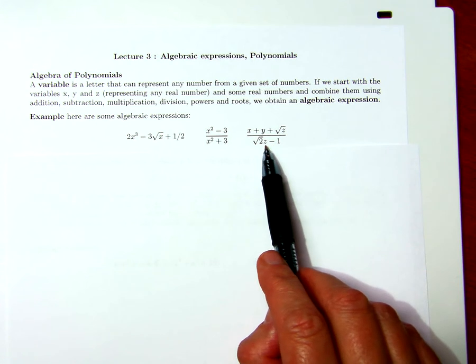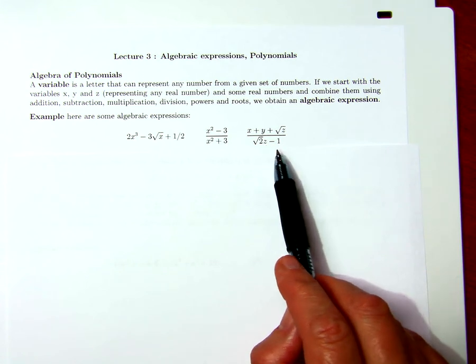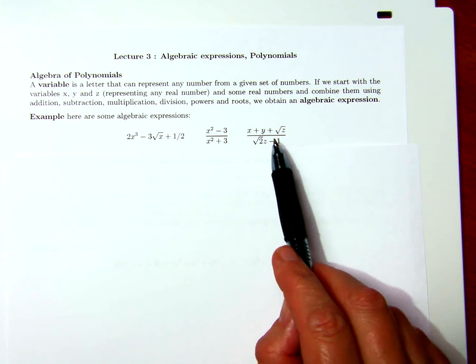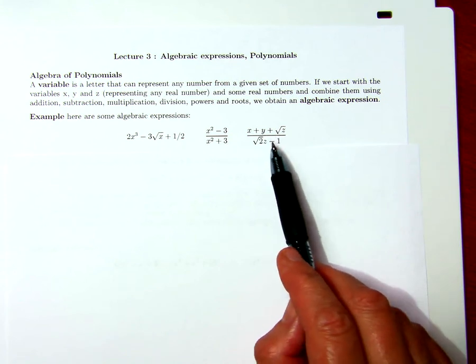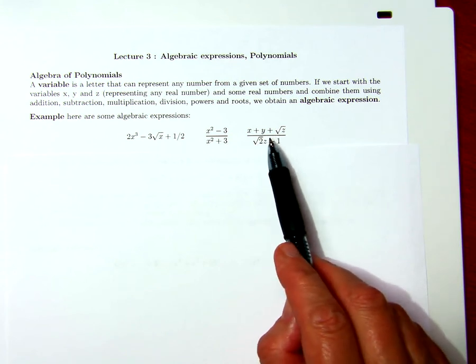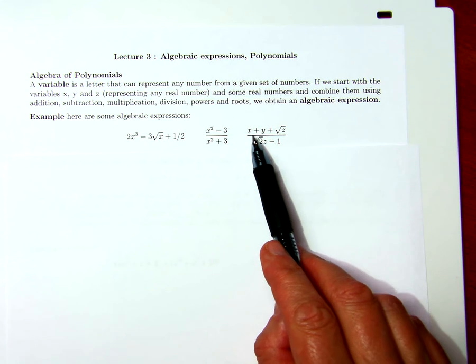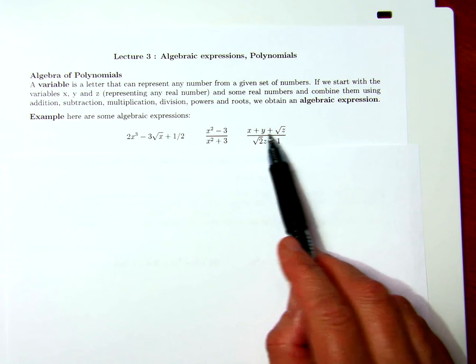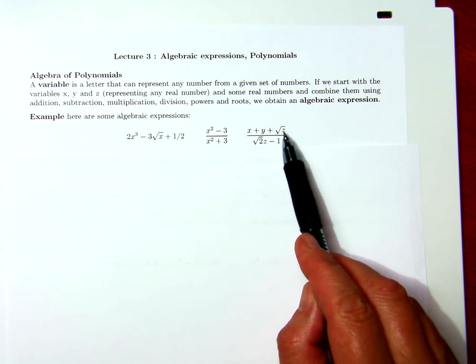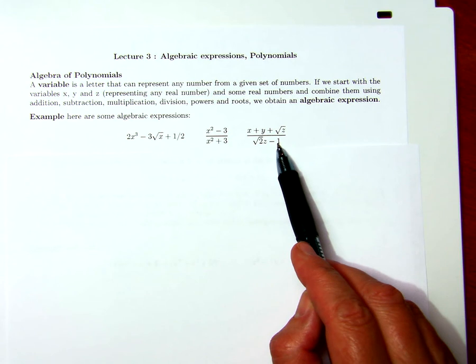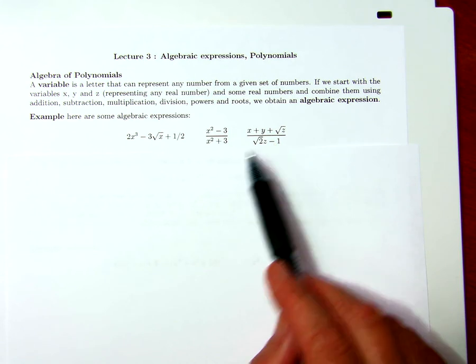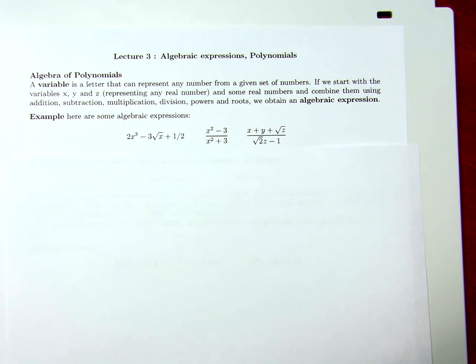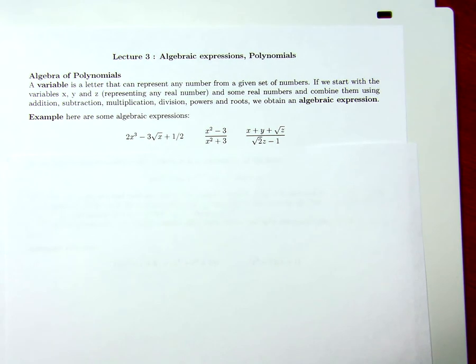And of course that does happen when z is 1 over the square root of 2. So this expression is valid for any real number x, any real number y, and any real number z which is not equal to 1 over the square root of 2. So for any triple of numbers from those sets, this expression is valid.